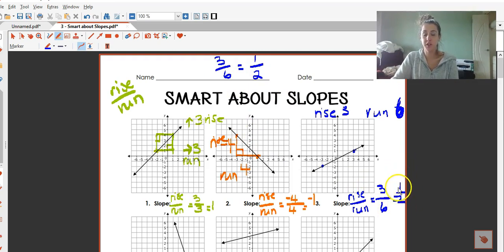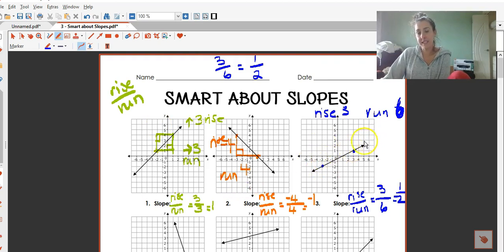So 1 over 2, got a rise of 1. So for every 1 I go up, I go over 2. That's what rise over run is talking about. So can we see that that makes sense if we compare these two graphs, because they've got the same intervals on their x and y axis.